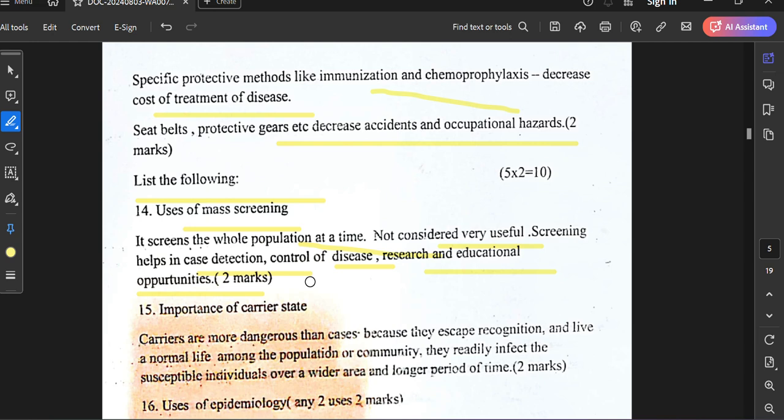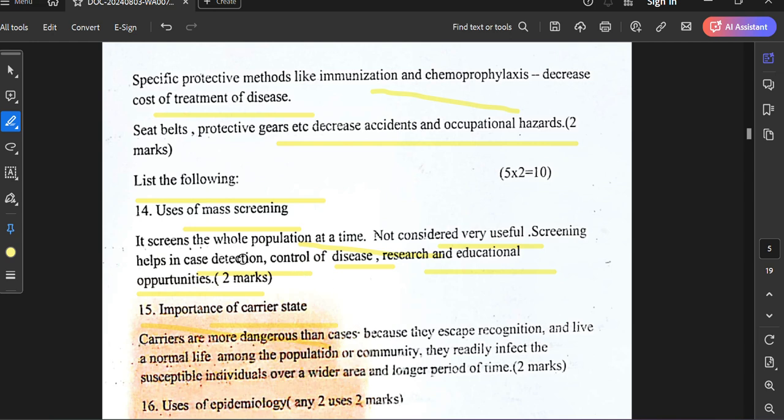It will be like a common test only. We can only use simple testing techniques and can't use highly sophisticated tests. It is only useful for a little purpose. In the end, we can take the case detected, have control of the disease, and do research and educational opportunities.